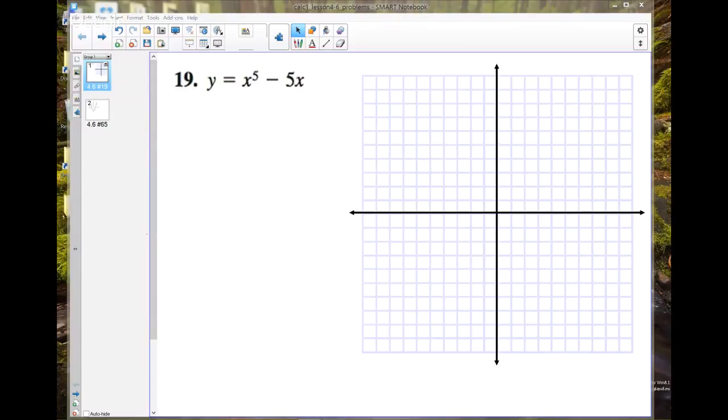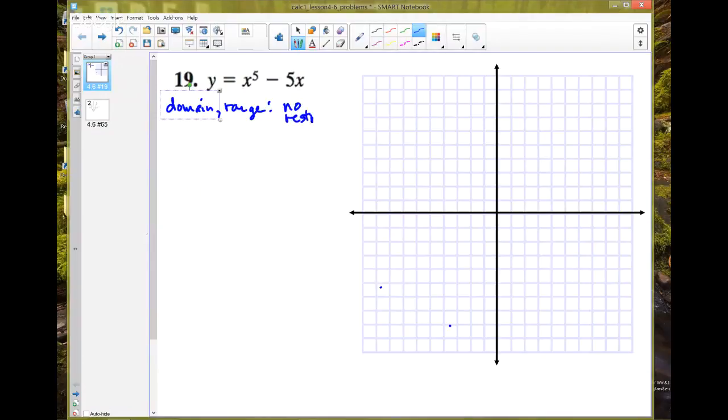There certainly is nothing you could substitute for x that would make this undefined. So my first observation is that the domain and the range, it looks like there are no restrictions. So we're not going to have any asymptotes or boundaries or anything like that.